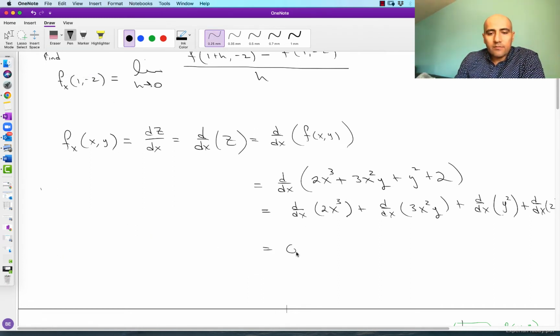So this is going to become 6x squared plus 3 times 2 times y, x to the power of 1. Right, where this 2 comes from the fact that that used to be a 2 in the exponent. We bring the 2 out in front like a factor, and then we subtract 1 from the exponent. That was our power rule from back in chapter 2.